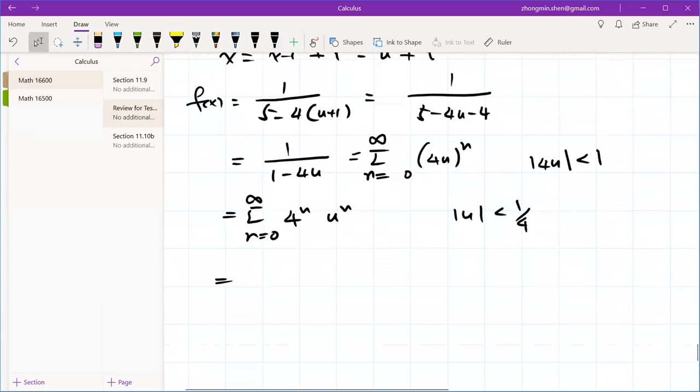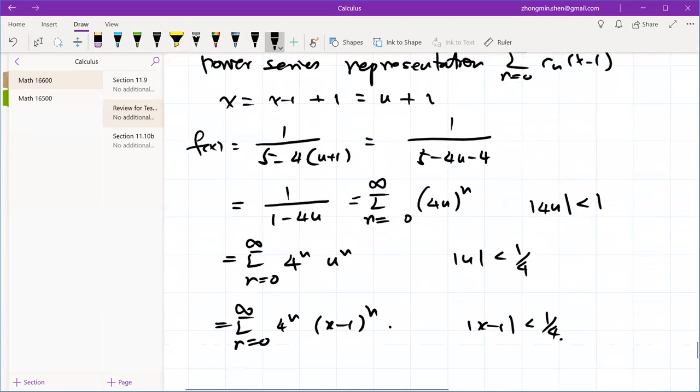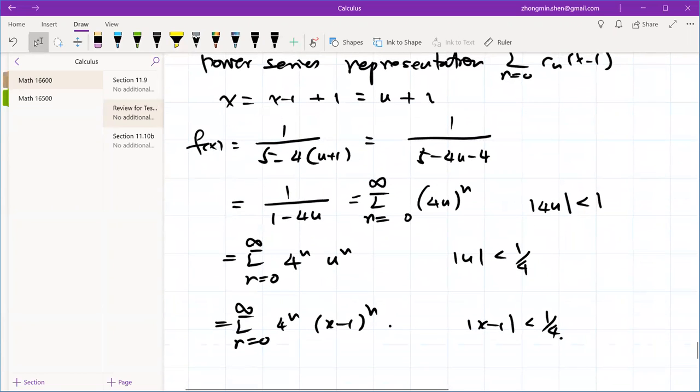And then finally, you get it, and here absolute x minus 1 is less than 1/4. So this is a power series representation for the above function, using the formula on page 808. Okay, so that's it.